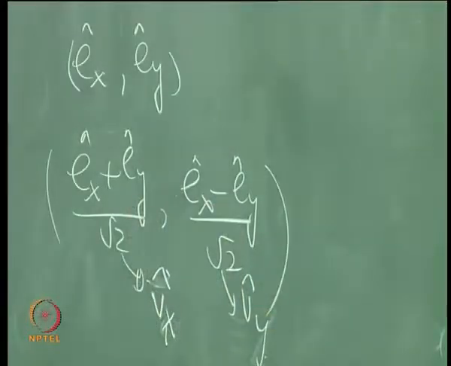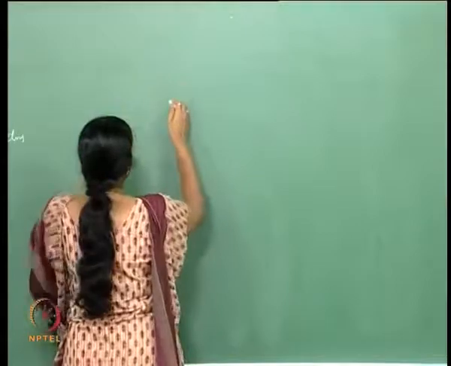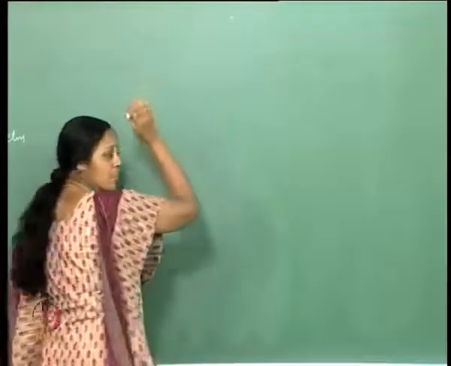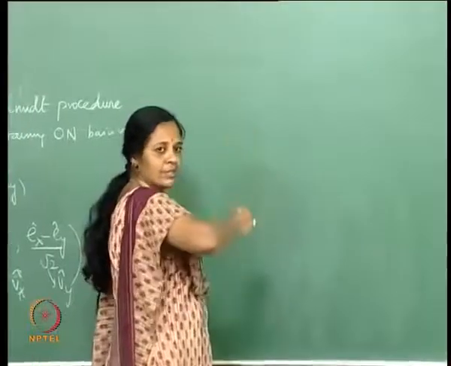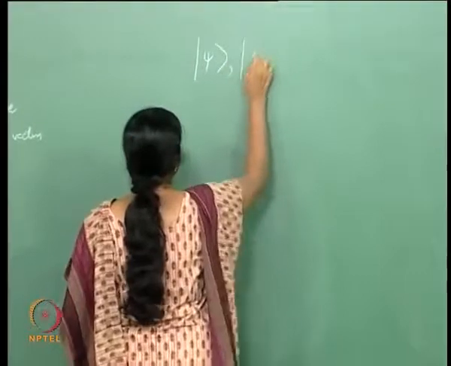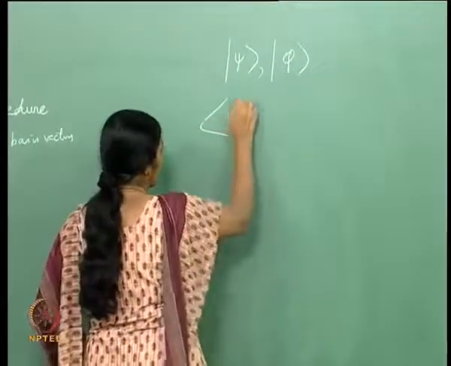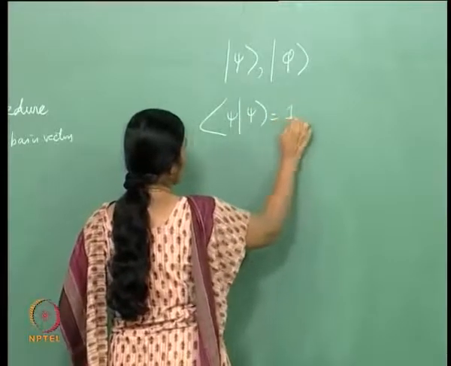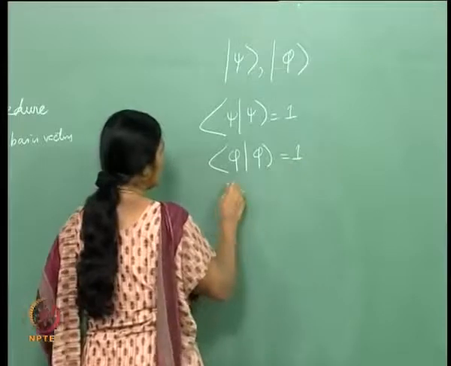This could happen in the following fashion. Suppose I have a situation which is two-dimensional. I illustrate it for a two-dimensional situation and I have basis states psi and phi. When I say basis states, I mean this. Let me use the Dirac notation so that we get used to it.